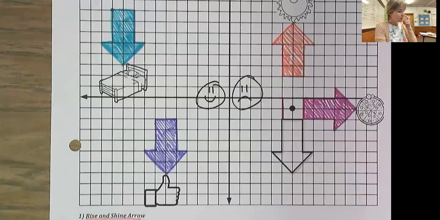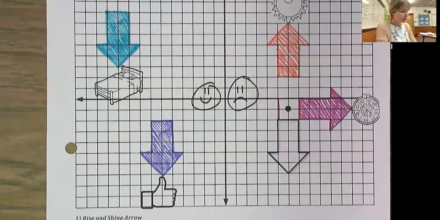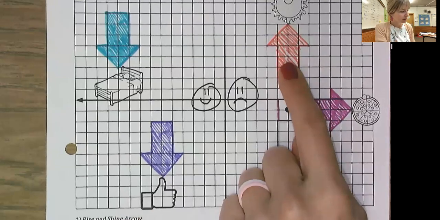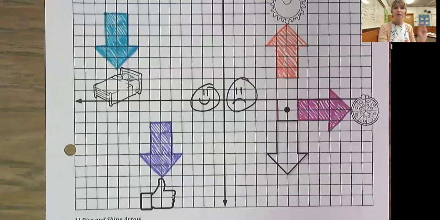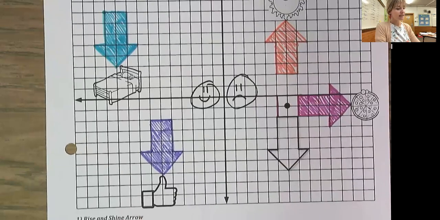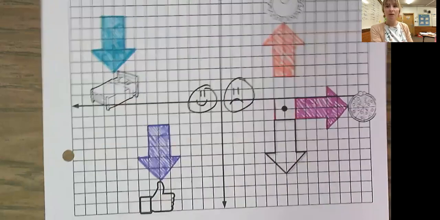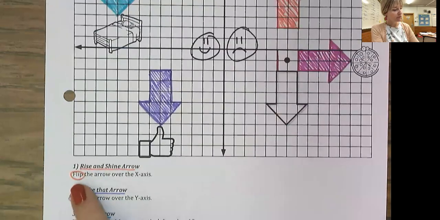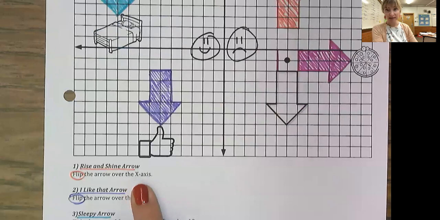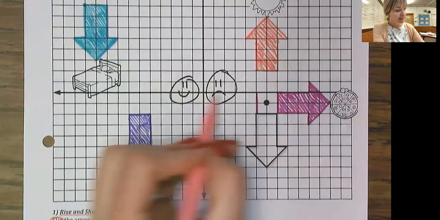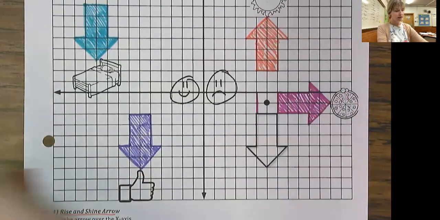Okay, so you can check and look here. This peachy color was the rise and shine arrow. Now I'm going to tell you one of the things that I see students do is sometimes they flip it right next to it. So double check here. This said flip the arrow over the x-axis. Well, this is the x-axis. So if you're wondering, why did she draw it up there?